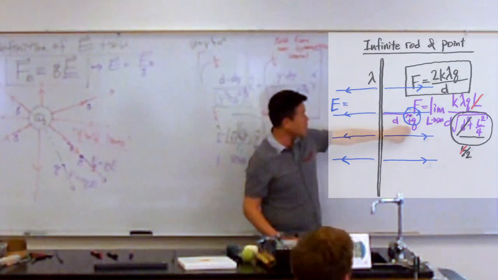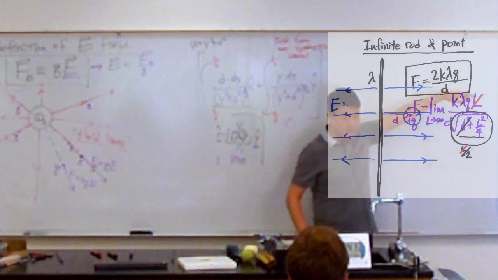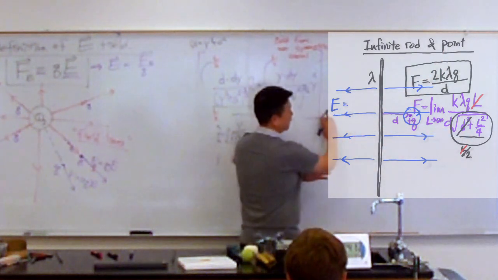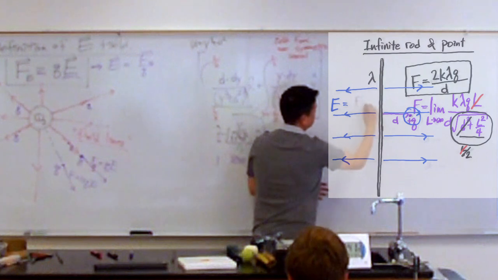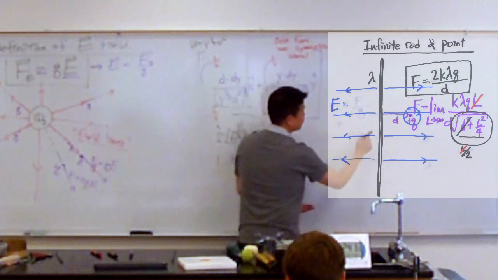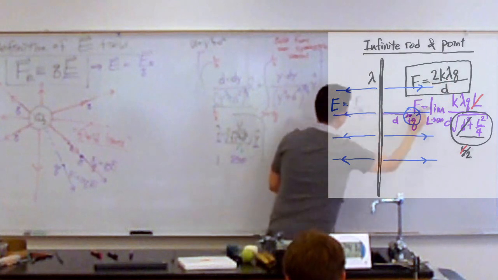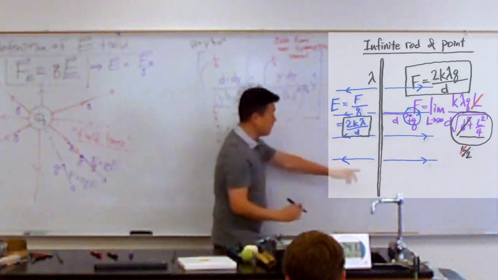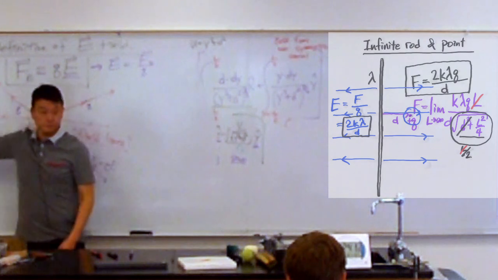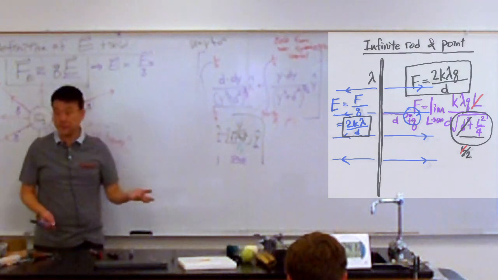So this is the test charge, that's the q there. Divide it out, that will give you the field. So the expression for the field will be that force divided by the test charge. So the magnitude should be 2k lambda over d. So the distance relationship is 1 over d, instead of 1 over d squared, which is an interesting result.